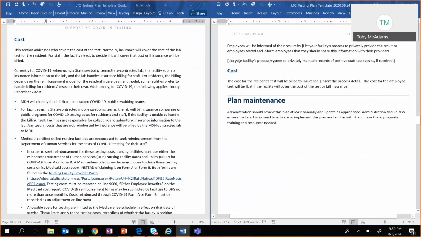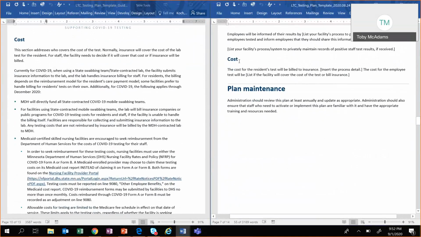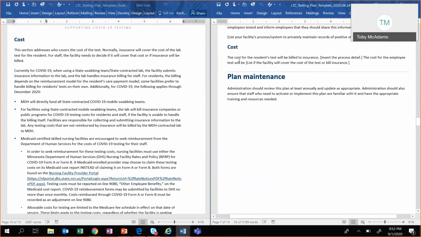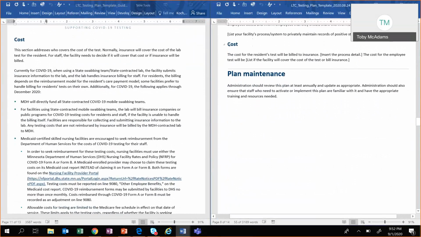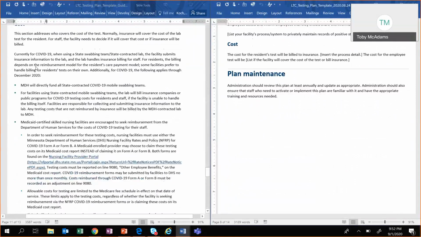Great. So let's move on to cost. You see on the right-hand side on the template that cost is pretty slim. And that is done purposefully because on the left-hand side in the guidance, cost is pretty detailed out in regards to considerations. The bottom line with cost is leveraging any resources you have available to you.